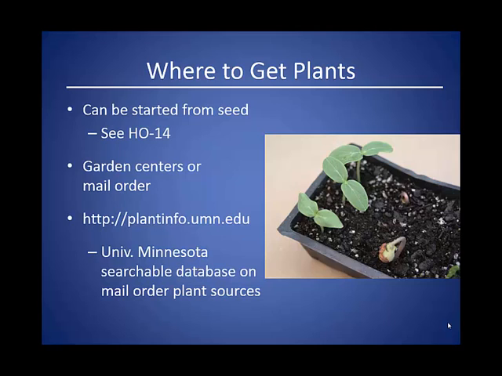As far as where to get plants, I don't know if Scott mentioned this, but we have, of course, tons and tons of extension publications online. If you Google Purdue and whatever topic you're interested in, you should be able to find something.